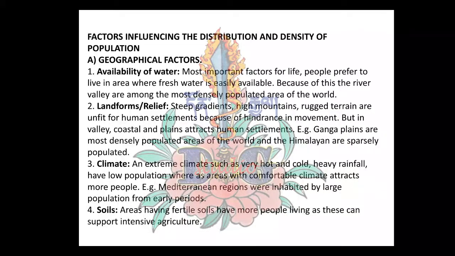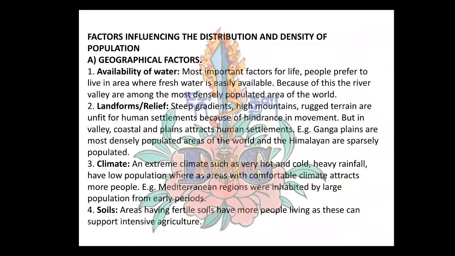Water is the most important factor for life. Generally people prefer to live in an area where fresh water is easily available. Because of this, river valleys are among the most densely populated regions of the world.